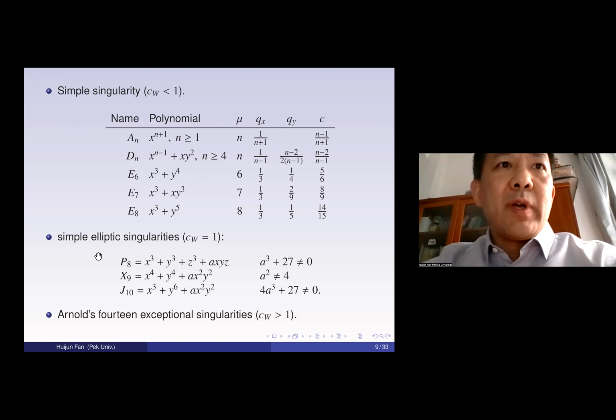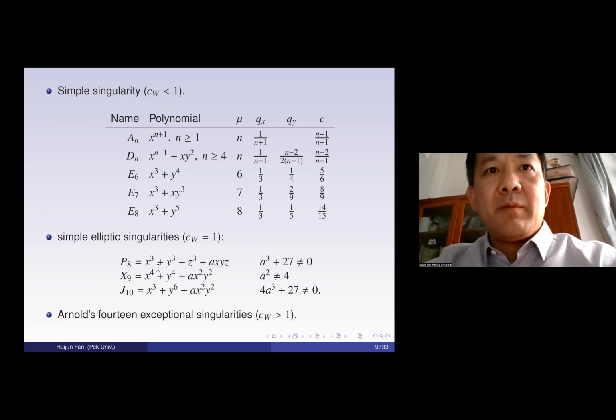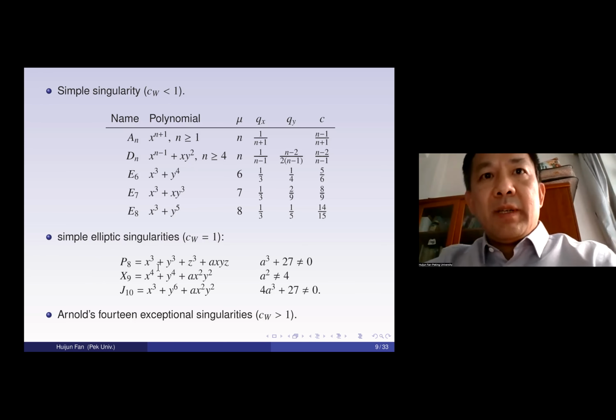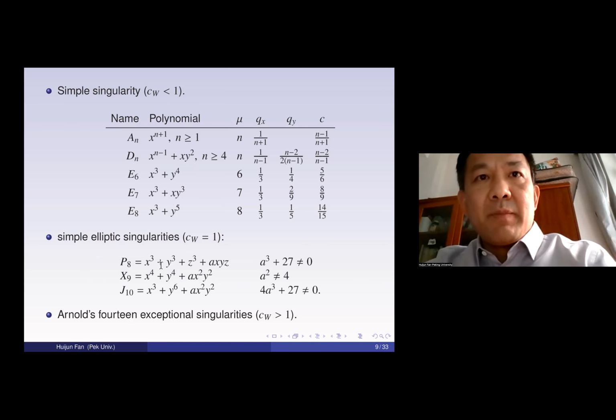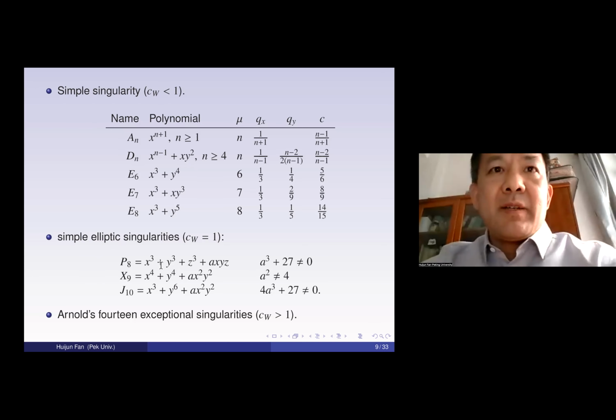And we also have the CW equals 1 simple elliptic singularities. The interesting case is P8, which is the sum of cubic monomials, so it can be used to define elliptic curves in the projective space P2.